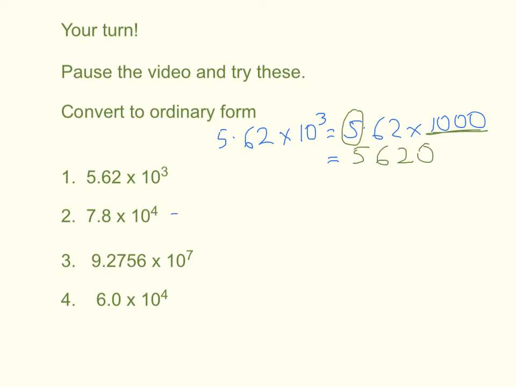Next one, 7.8 times 10 to the power of 4 is 7.8 times 10,000. Okay, 10 to the power of 4, 4 zeros. So the place value of the 7 needs to be 70,000. So it's going to be 78,000. Now look, I did not add 4 zeros to that number.